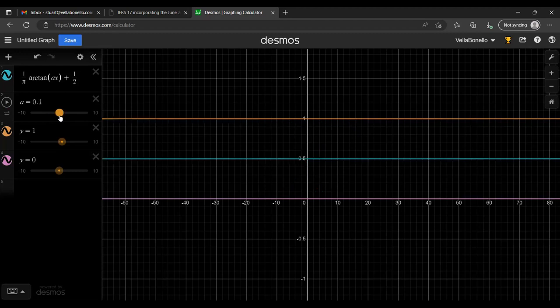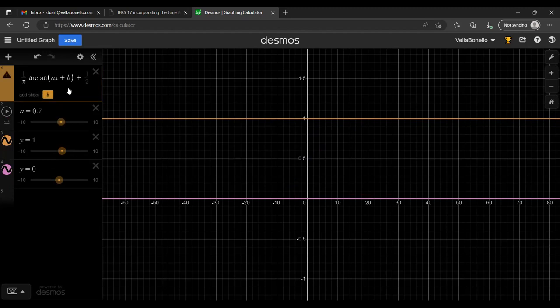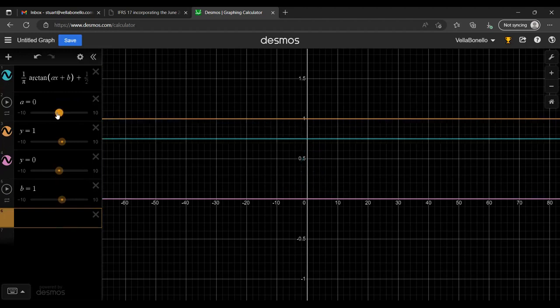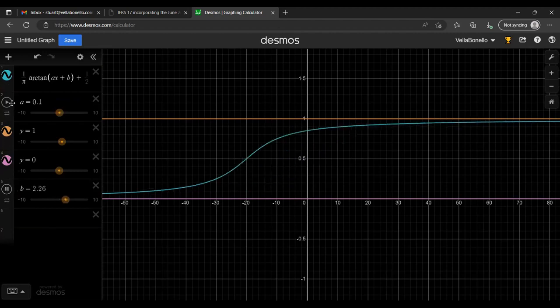And these are all different models. Every time I pick an A, that's a different model. And I could pick a B as well, I would imagine. For every A and B, we have different models over here.